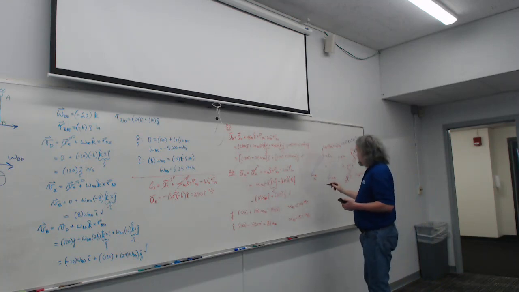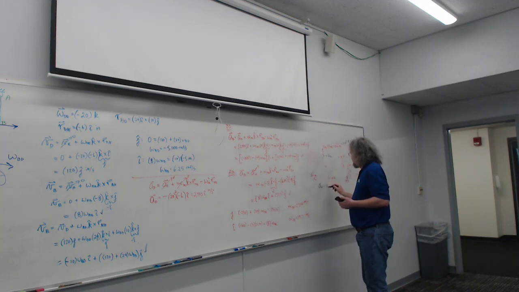Okay, so the equation we're writing for this is the acceleration of B is equal to the acceleration of D plus the acceleration of B with respect to D in the tangential plus acceleration of B with respect to D in the normal direction.